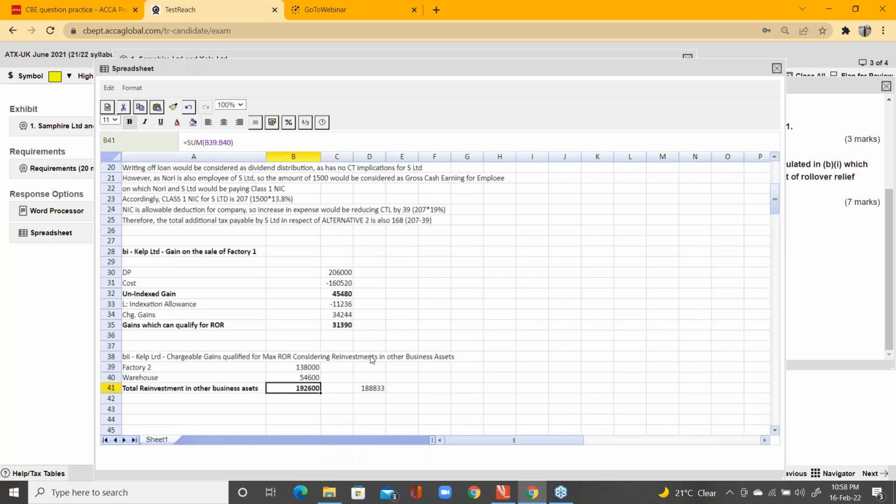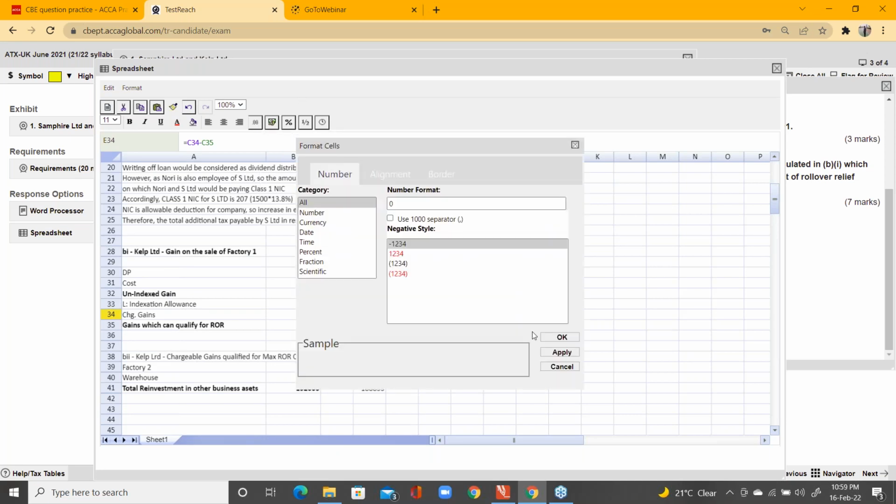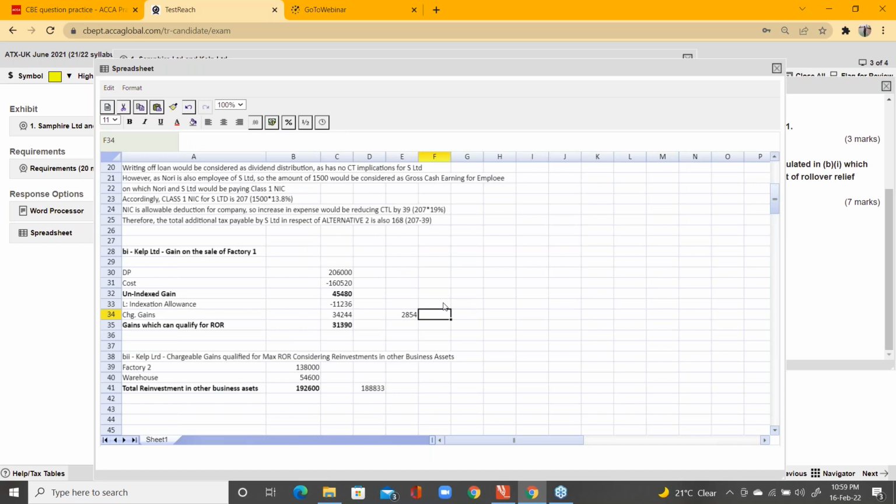Still the company would be claiming a lower amount of ROR, it means the differential of these two. What's the difference? The chargeable gain is this, and if these qualify for rollover relief, it means on the differential figure the company would be paying capital gains tax.